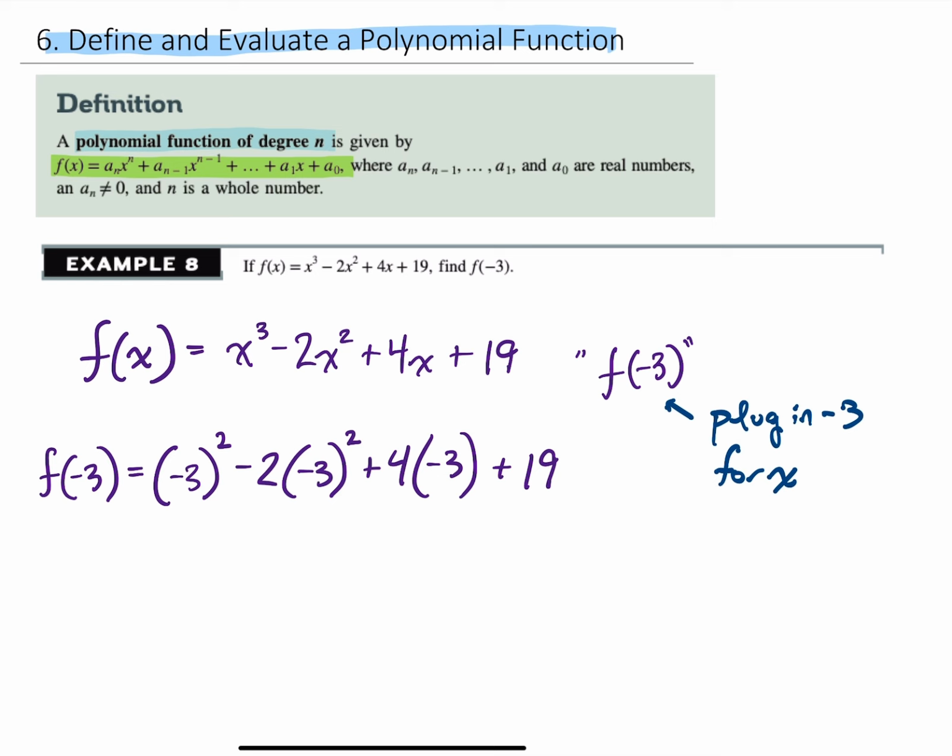Oh, and this should be -3 to the third power. So -3 cubed will give us -27. Then -2 times -3 squared, that will be -18. Plus 4 times -3, you can already write that as a -12.